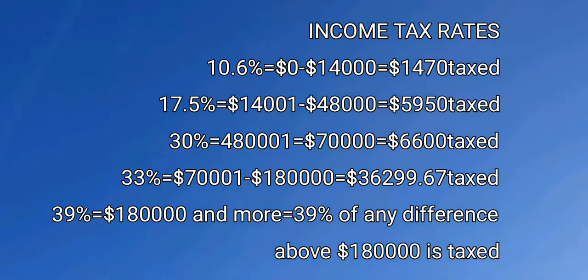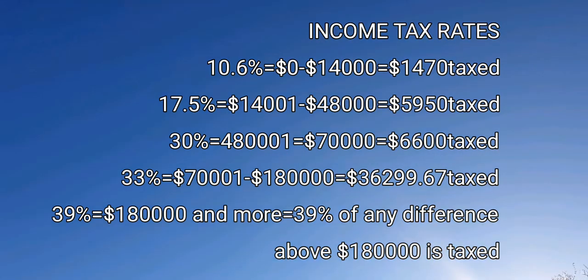17.5%, that's the tax rate for any earnings between $14,001 to $48,000. The 30% tax rate is $48,001 to $70,000. The 33% tax rate is $70,001 to $180,000.